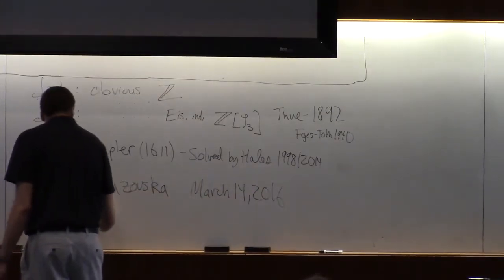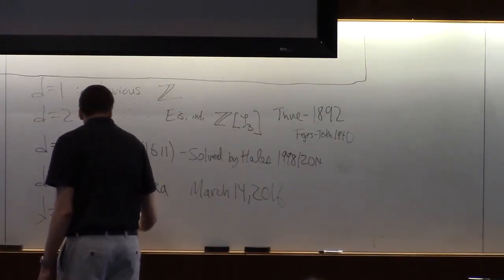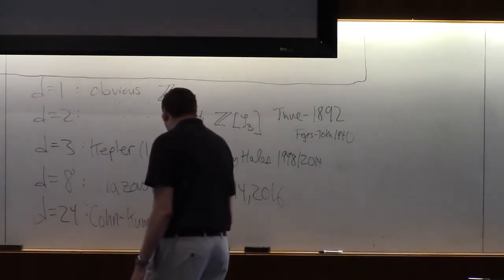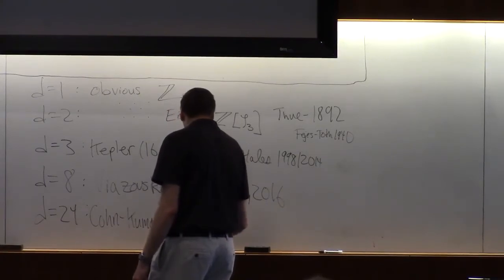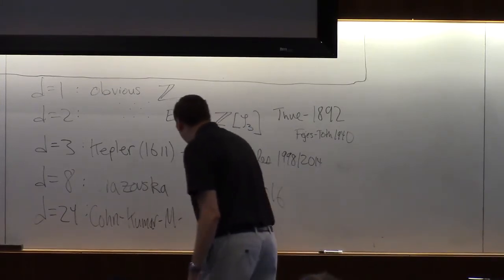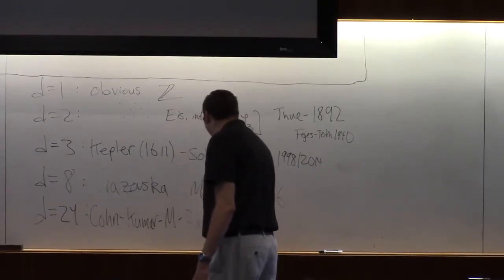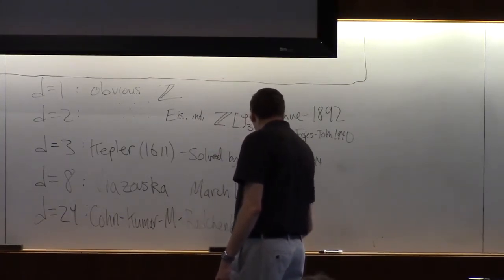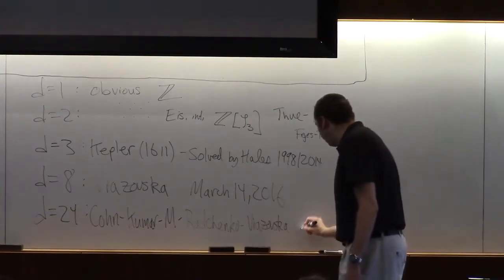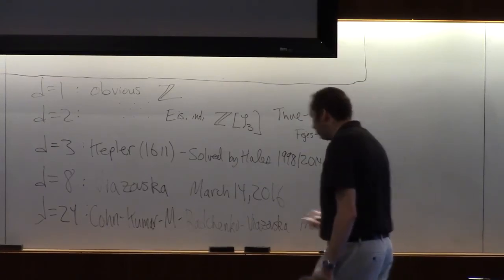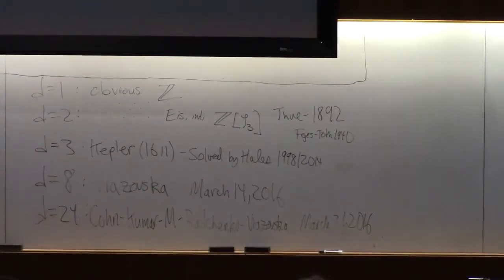And then a week later, quite a few other people, including myself and her, put a proof up for dimension 24. This is on March 21st. So that was a very busy week. And you know, we certainly can't expect to have a new result every week like this. There's something very special about dimensions 8 and 24.